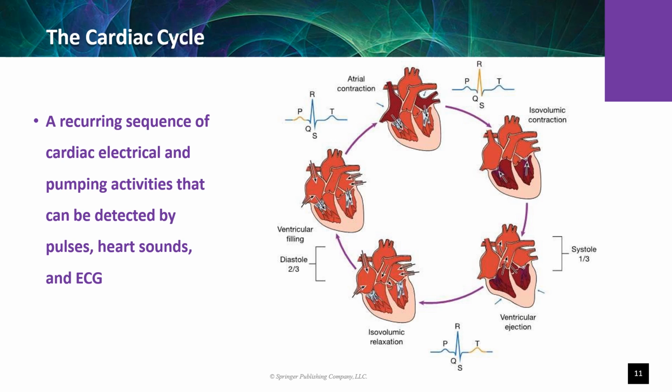The heart alternates between ventricular contraction, systole, and a period of ventricular relaxation, or diastole. At a resting heart rate, systole typically lasts 1/3 of the cycle, and diastole will last 2/3.